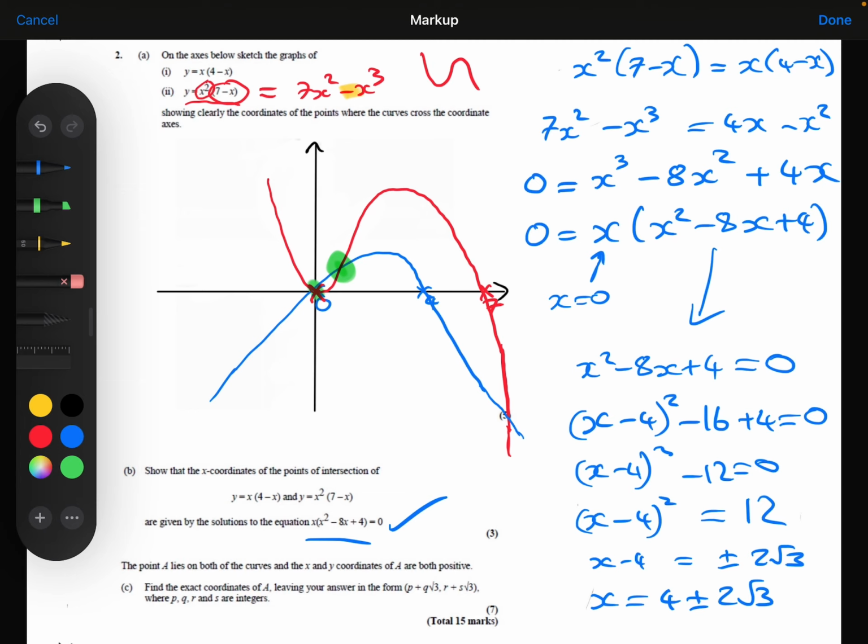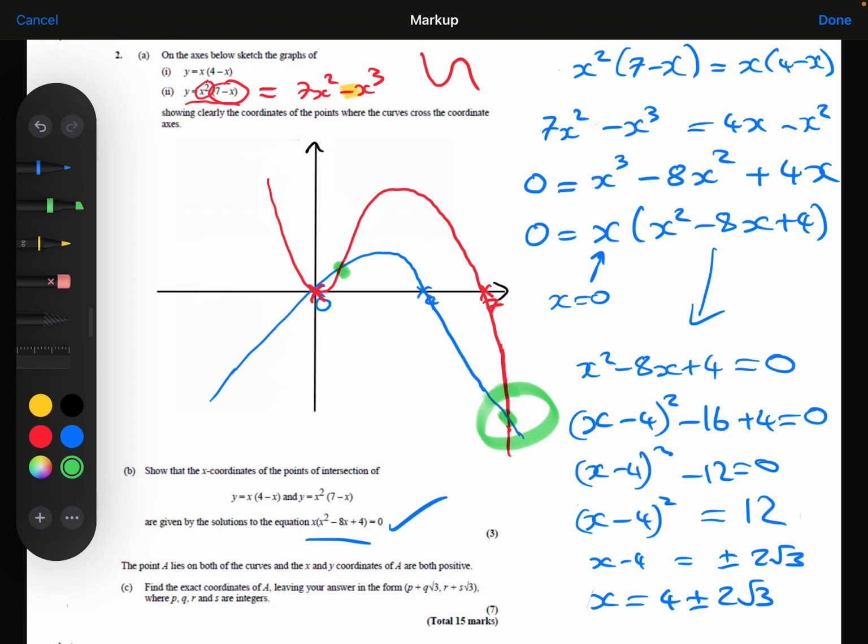I just need to think about which one of these it's going to be. Remember that these two answers are telling me the points of intersection. So one of these corresponds to this point here, the other one corresponds to this point here. We're not interested in this one because that's when the y coordinate is negative.